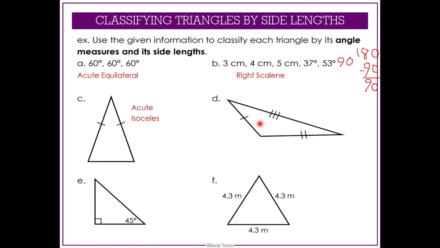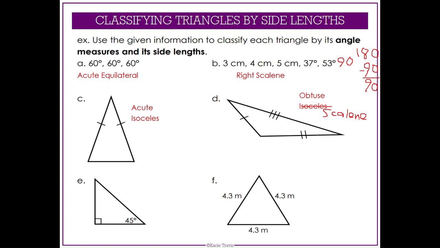I think it's safe to assume that that's obtuse. So this would make this an obtuse, I meant to say obtuse scalene. Let's go through and edit that. Scalene. Perfect. Scalene.